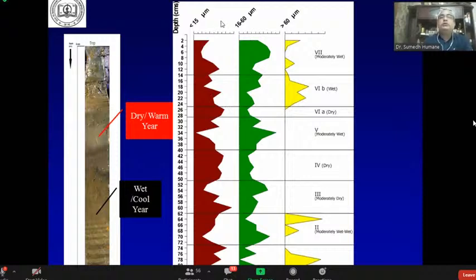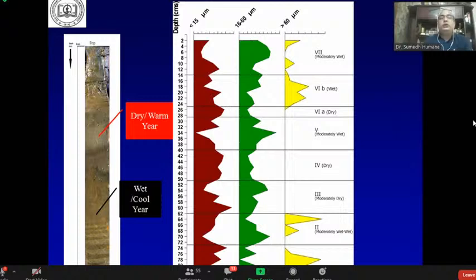Smaller size diatoms imply drier conditions, the abundance of smaller size diatoms. Whereas the abundance of larger ones, along with all types of diatoms from larger to smaller, is commonly found in wetter, comparatively cooler conditions, particularly in the central or tropical region I am talking about, where you have an abundance of diatoms because of the availability of more nutrients during the monsoonal condition.